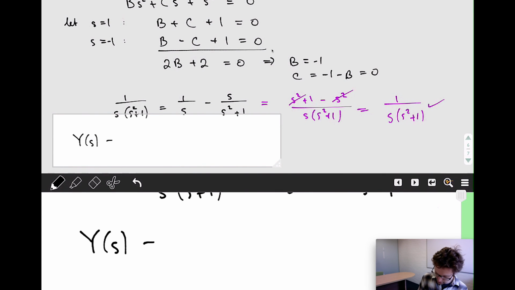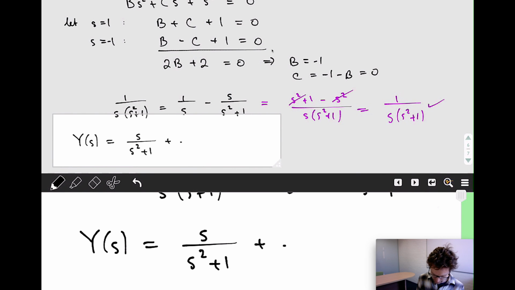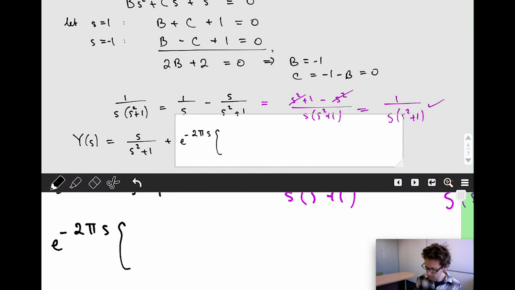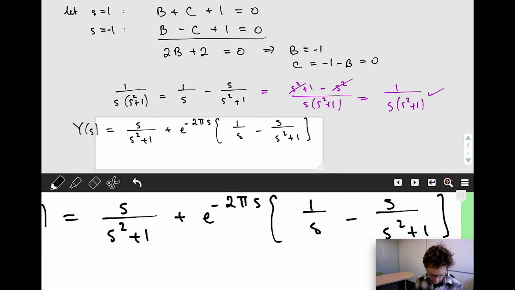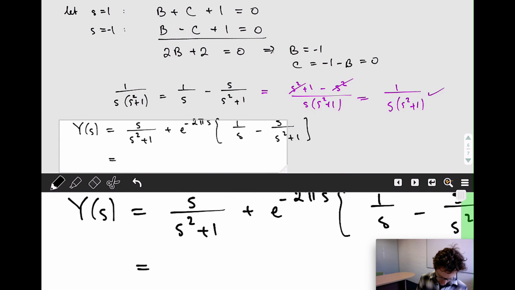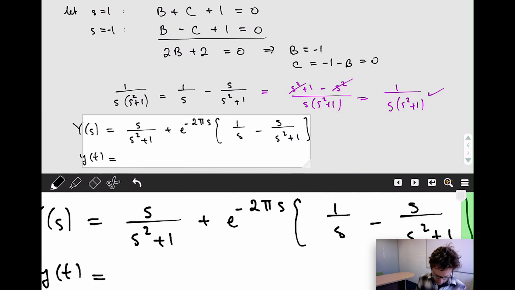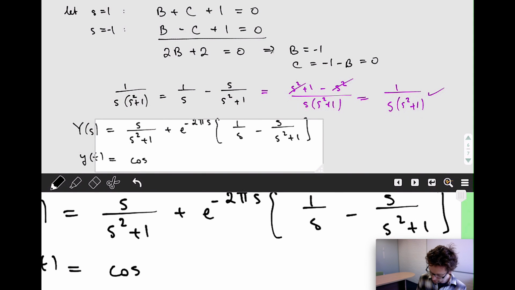Big Y of s was equal to s over s squared plus 1 plus e to the minus 2 pi s times what we've just found, so 1 over s minus s over s squared plus 1. So I'm going to use the second shifting theorem for these pieces. So y of t, the first one is going to just be cosine of t.